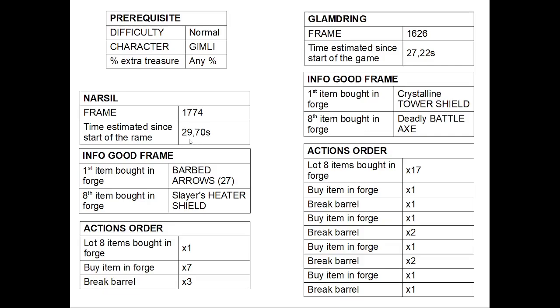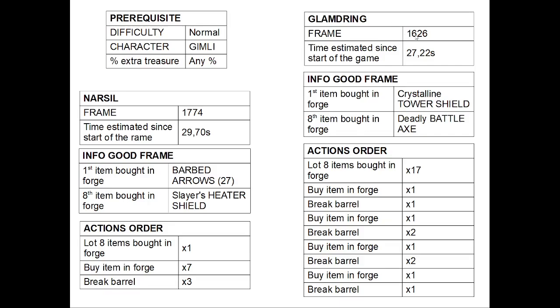It's around this timer. You can see if you are in good frame when you have barbed arrows in first item and on 8th item Slayer Eater Shield. As the action order, you buy a pack of 8 items once, then 7 items in forge and 3 barrels, and you should have Narsil.